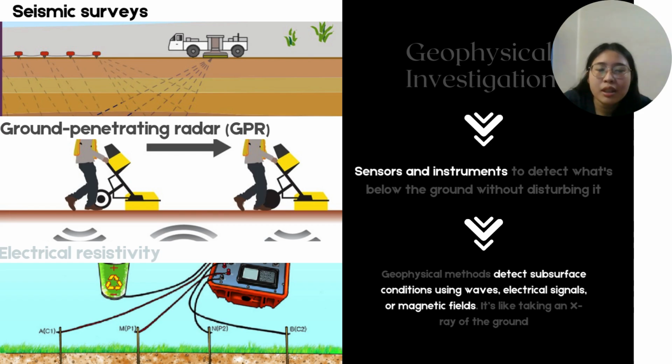Referring to the left-hand side of the slide, you can see three examples. First is seismic surveys, second is ground penetrating radar, or GPR, and third is electrical resistivity. These three methods are quite similar, but they just use different detection methods.